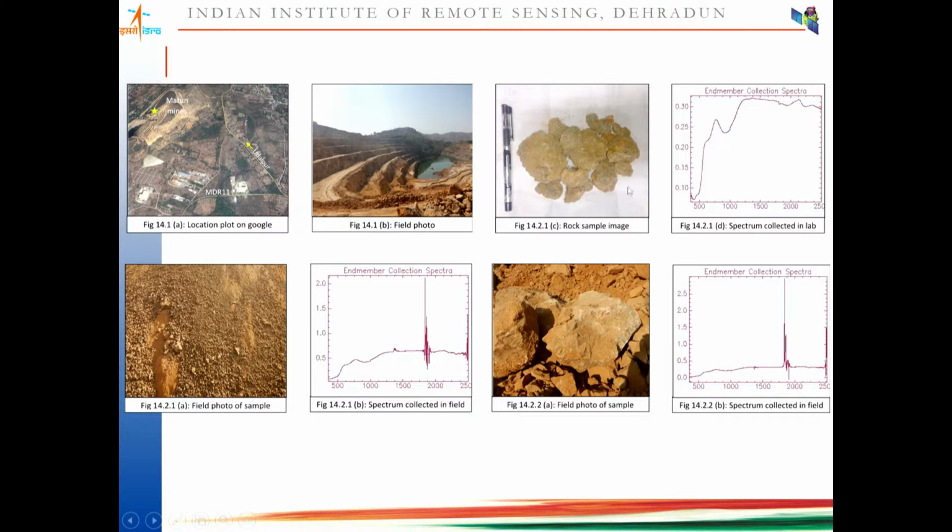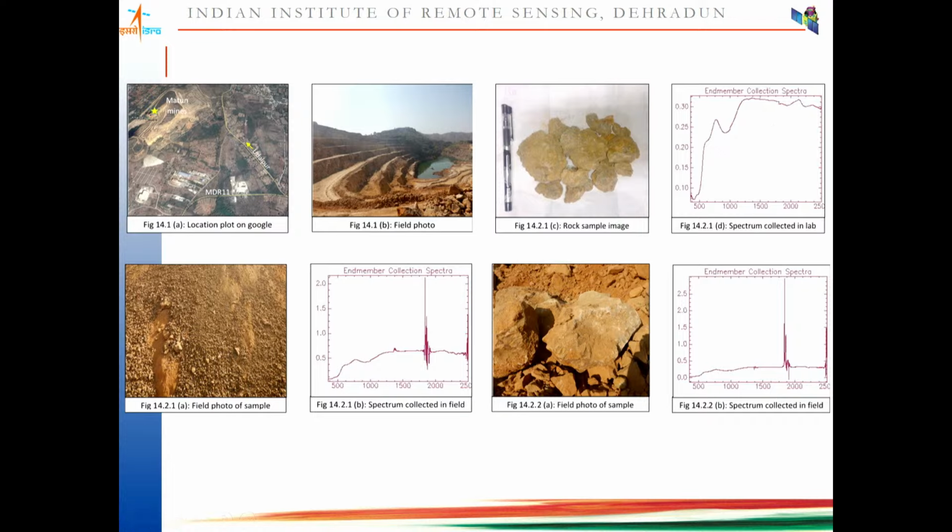This is the lab photograph of those samples, and this is the spectra in the lab. Mind that there is no absorption dip of water, or presence of atmosphere, over here, because in the lab we are collecting the spectra in contact with the sample.